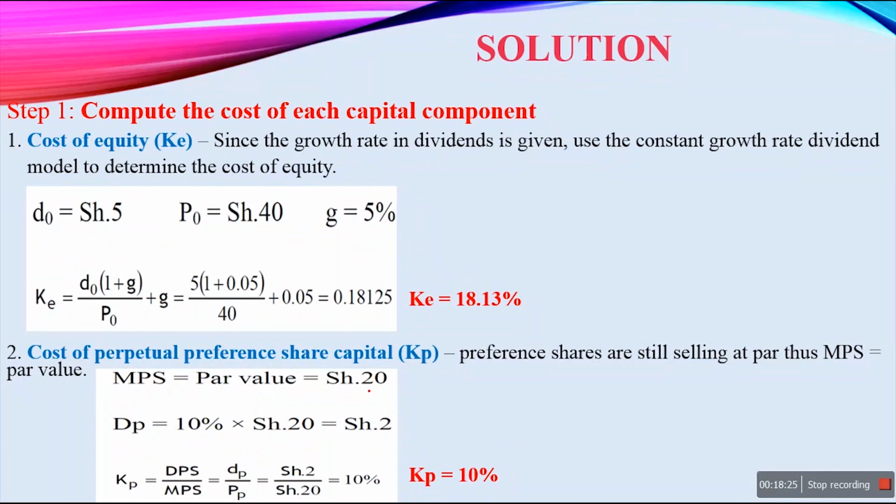They were issued at 20 shillings and they're still selling at 20 shillings. So the market price is the same as the par value, which is 20 shillings. Then the dividend per preference share is 10% of 20 shillings, which gives us 2 shillings. Replacing that in the formula, you obtain a cost of perpetual preference shares of 10%.